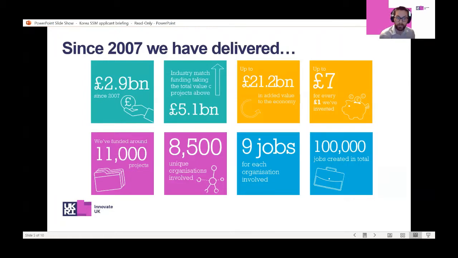So we've invested about 2.9 billion since 2007. That's been matched by industry to the tune of 5.1 billion. We've funded around 11,000 jobs, and for every £1 that is invested, we've generated £7 return for the UK economy.